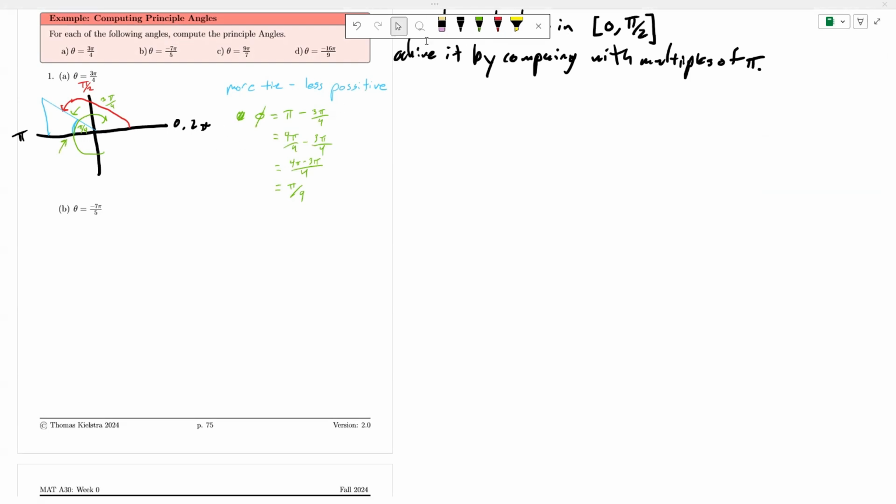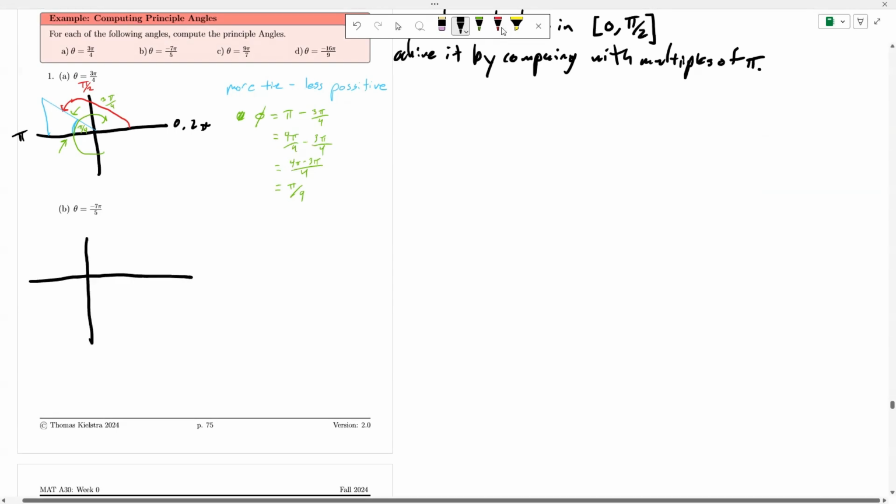Now what about my next angle? Here we're going in the negative direction. So if we think negative direction, 0, minus pi by 2, minus 3 pi by 2. I'm going to keep working round, go past pi.